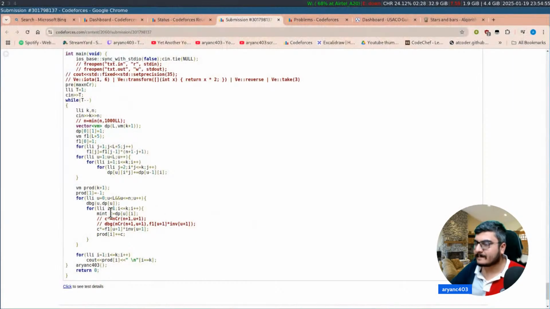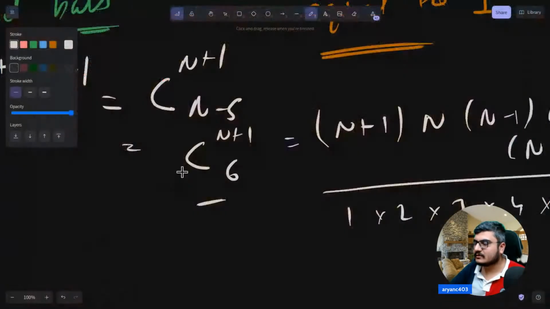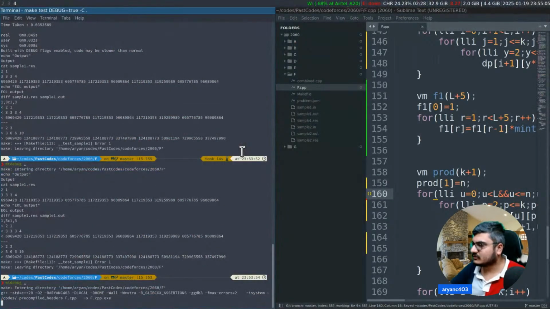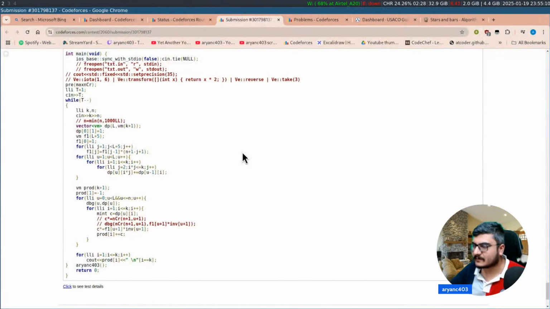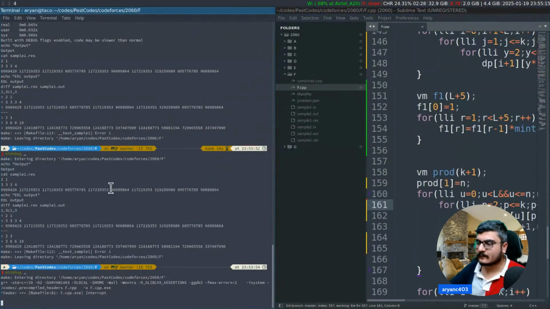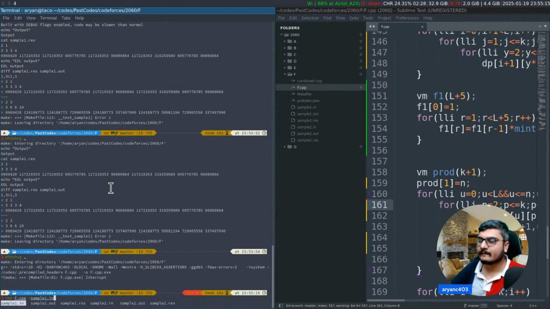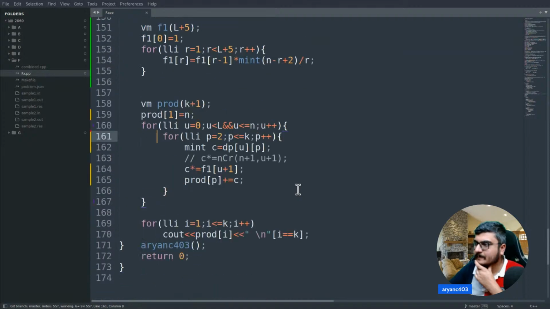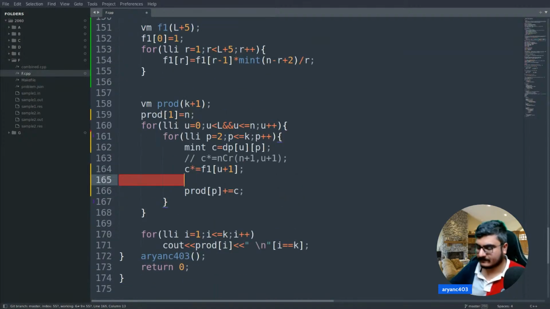dp up u, i, u can be up to 0. Zero does not make sense because I am only computing p here. Let's try to see if these values are equal or not.